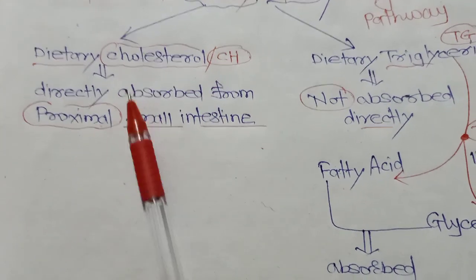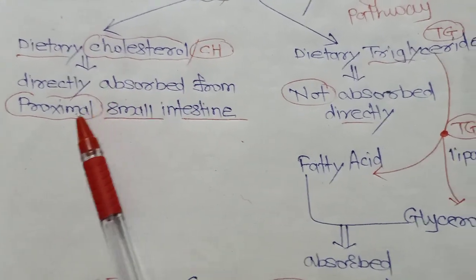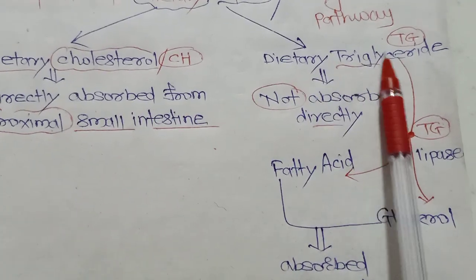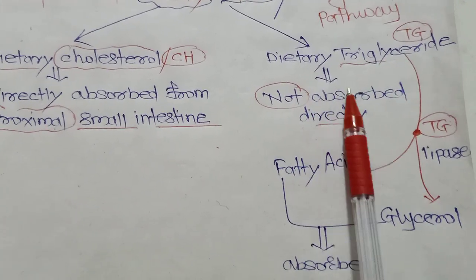Dietary cholesterol is directly absorbed from the proximal small intestine, and dietary triglyceride is not directly absorbed.